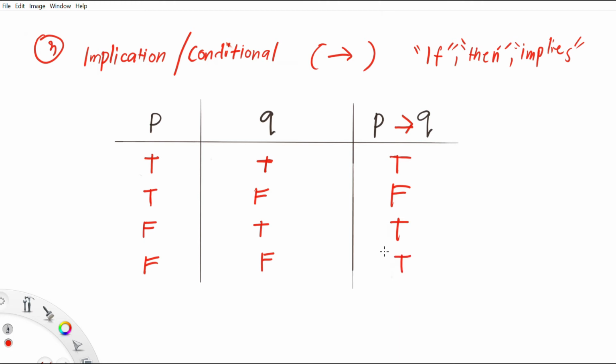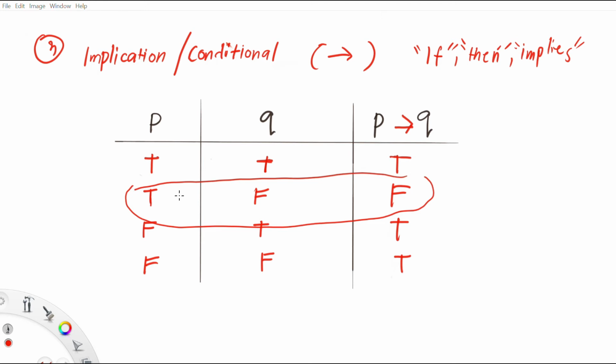So take note of this truth table. If you encounter conditionals with these combinations, the result you learned from here is always useful. Note that the implication is true in all cases, except when the antecedent is true and the consequent is false.